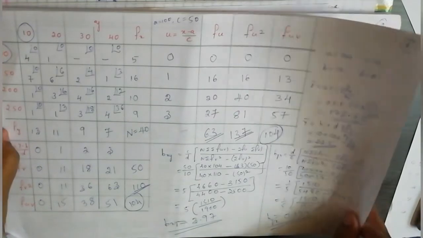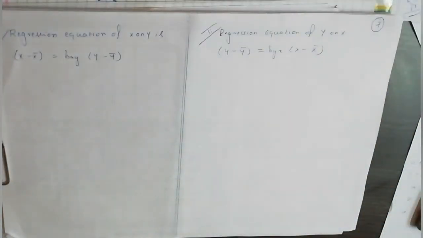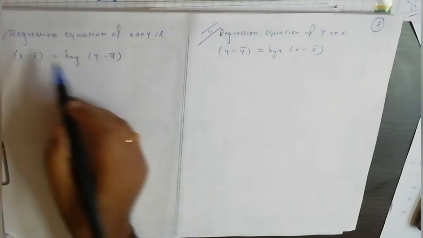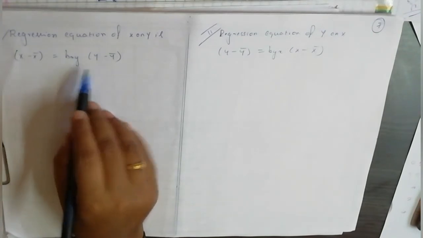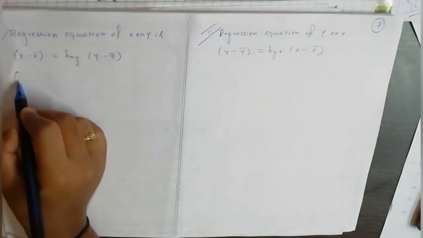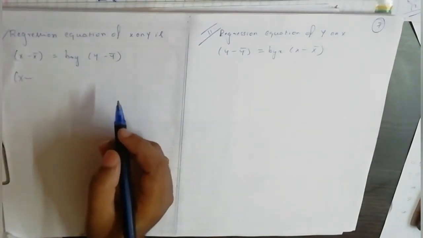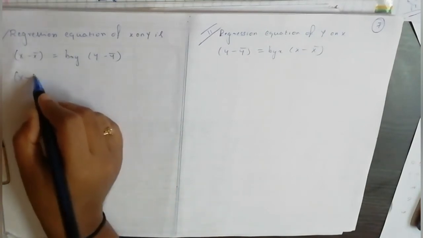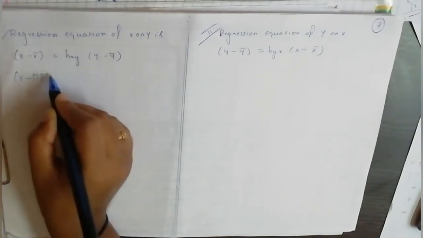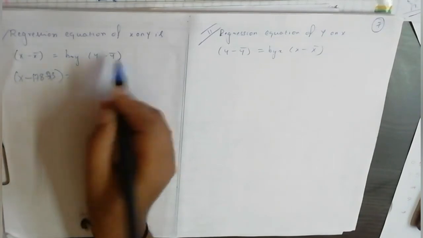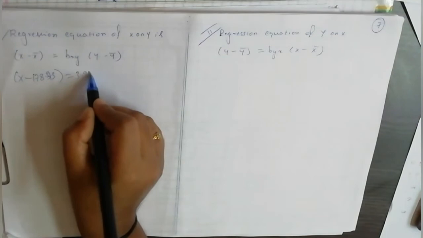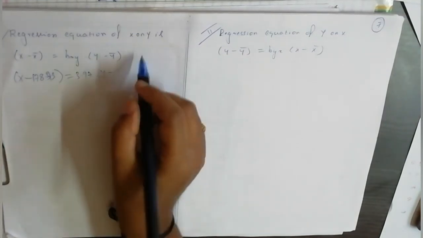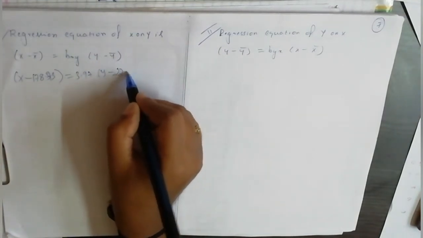Okay. So after this we need to find the two regression equations, x on y and y on x. Okay, so formula is x minus x bar equal to bxy into y minus y bar. Now we'll substitute. x minus x bar, we got 178.75 is equal to bxy is 3.97 and y minus y bar we got 22.5.